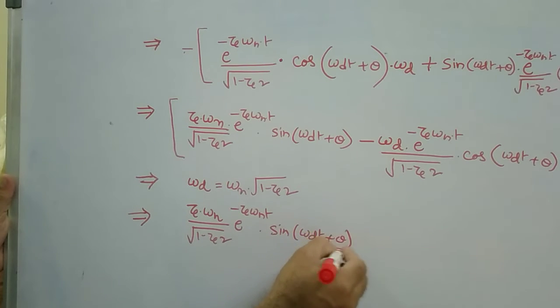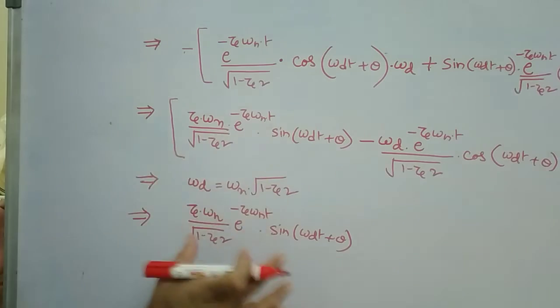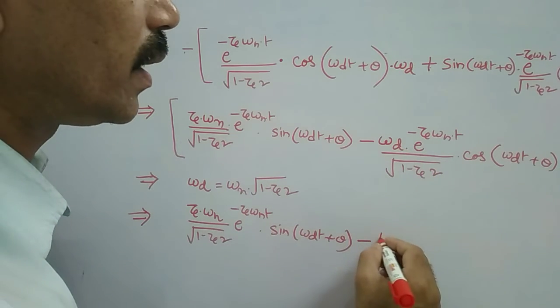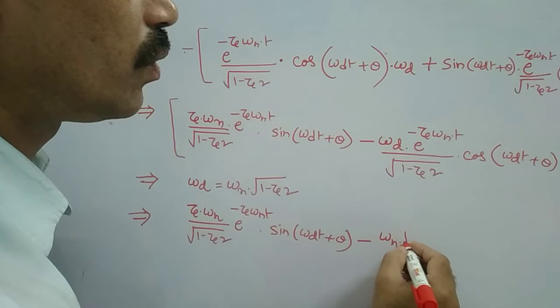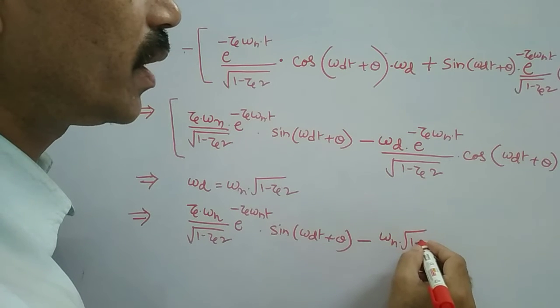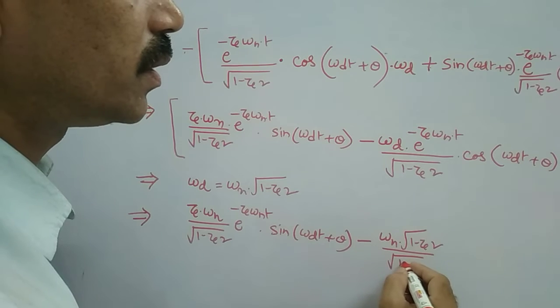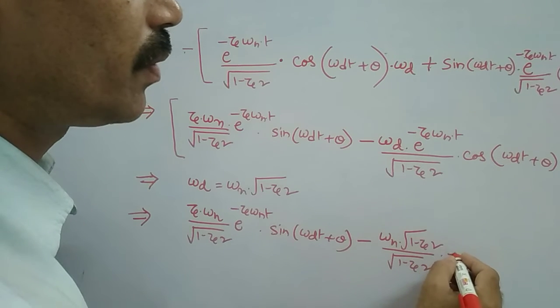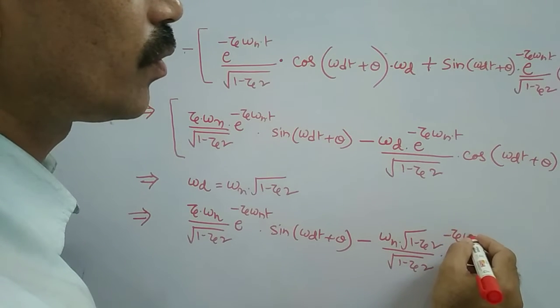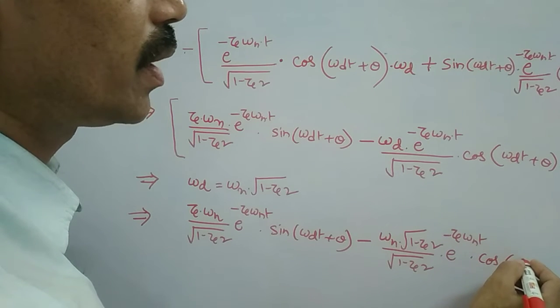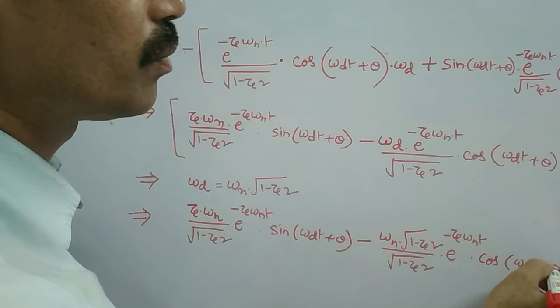Minus, here omega d is there, so you write omega n into square root of 1 minus zeta square by square root of 1 minus zeta square, e power minus zeta omega n into t into cos of omega d times t plus theta.